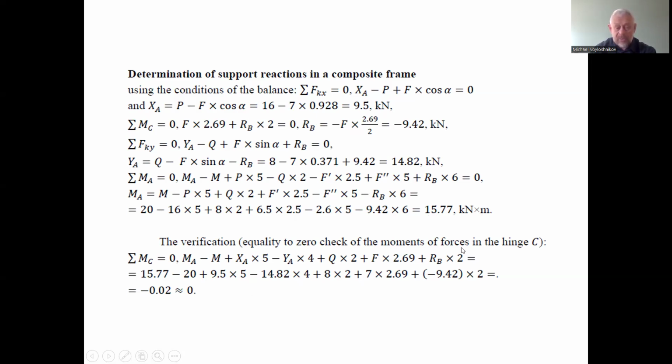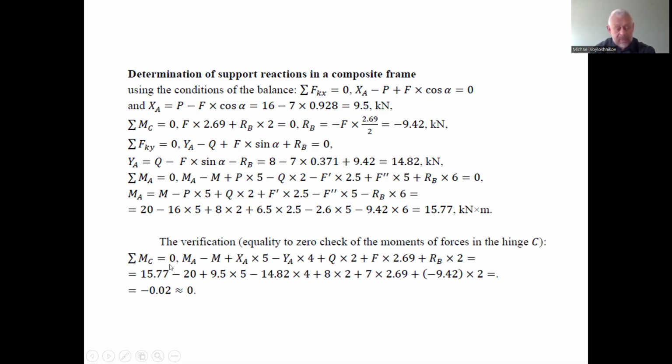We check moments of forces in the hinge C. The hinge does not transmit bending moments. So moments in the hinge have to be equal to 0, if we have no moment applied directly to the hinge, and we do not have this moment.